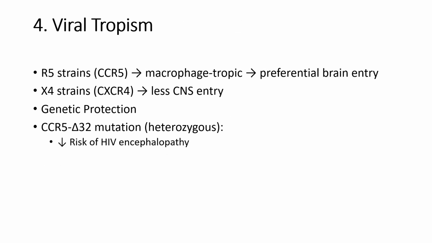Coming to viral tropism, the CCR5 strains of this virus are macrophage tropic, so they have preferential entry into the brain, whereas X4 strains, that is the CXCR4 variety, have lesser CNS entry because they are less macrophage tropic. Hence, some people who have the CCR5 delta 32 mutation heterozygously have reduced risk of HIV encephalopathy.